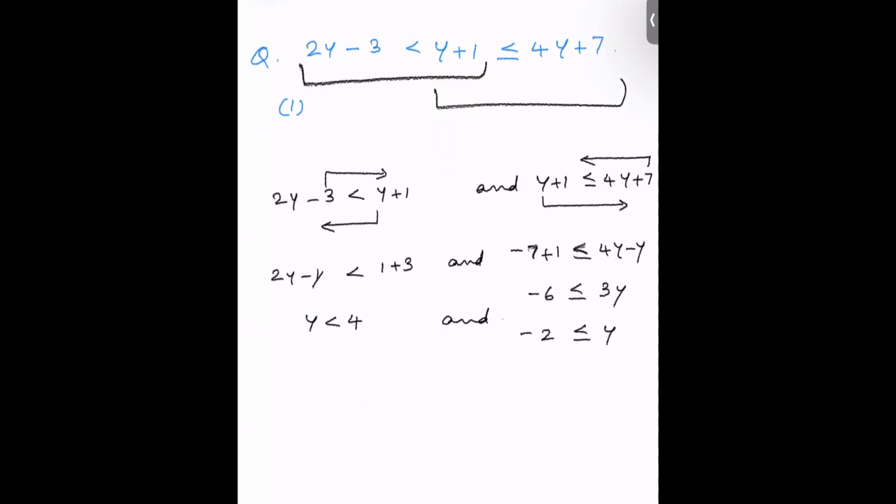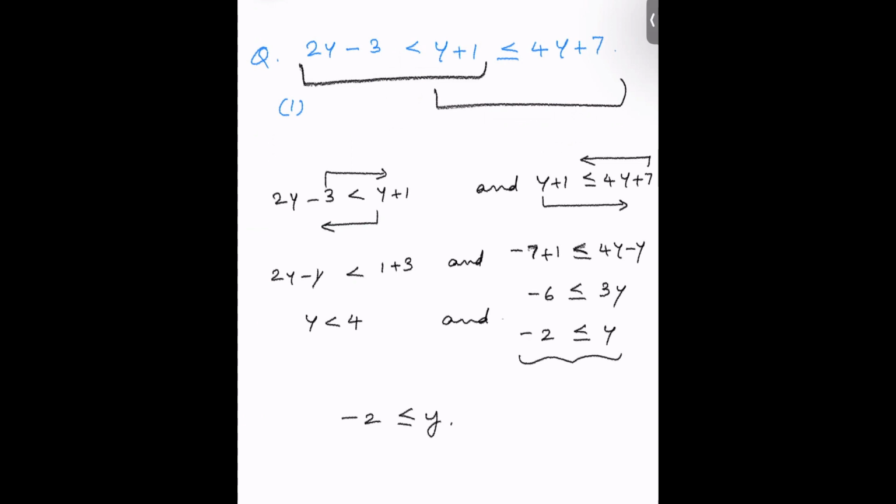Look at this inequation: minus 2 is less than or equal to y, right? So I am going to write minus 2 less than or equal to y. I need to have y in the center.